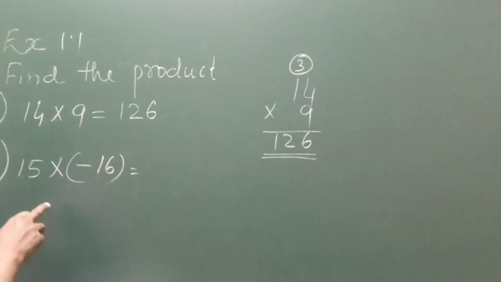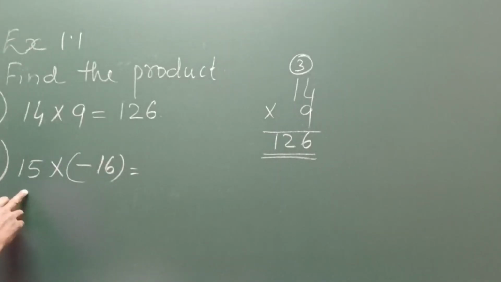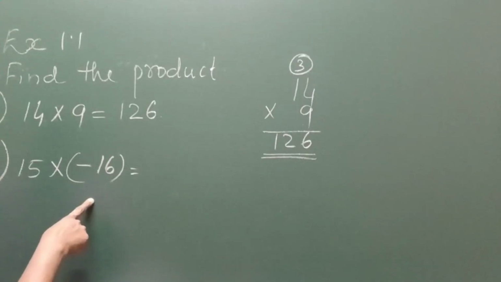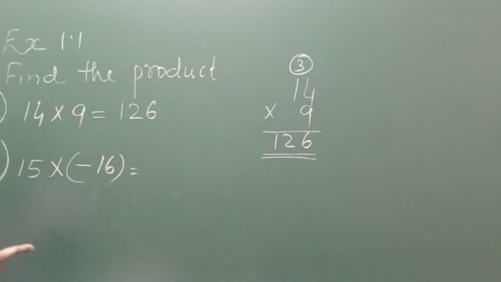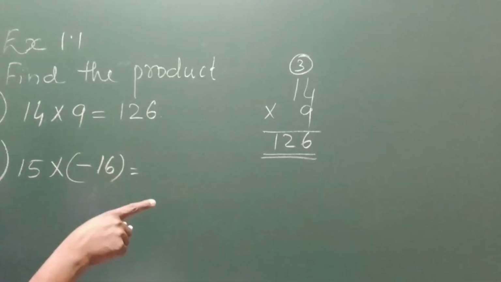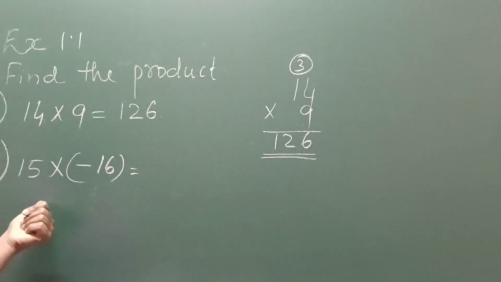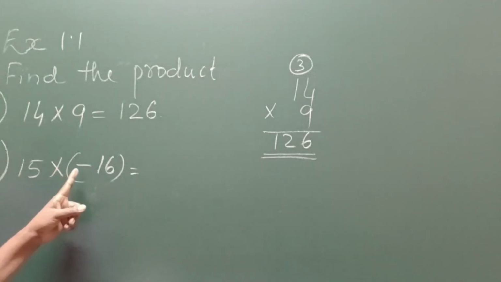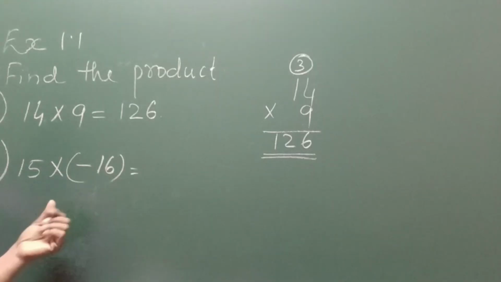We find the negative integer's absolute value and then do the multiplication. After getting the product, we have to give the negative sign to the product.